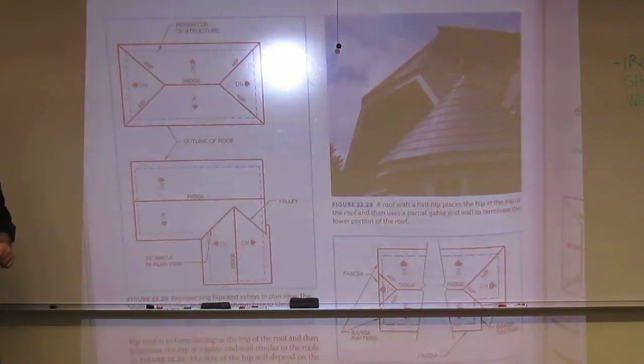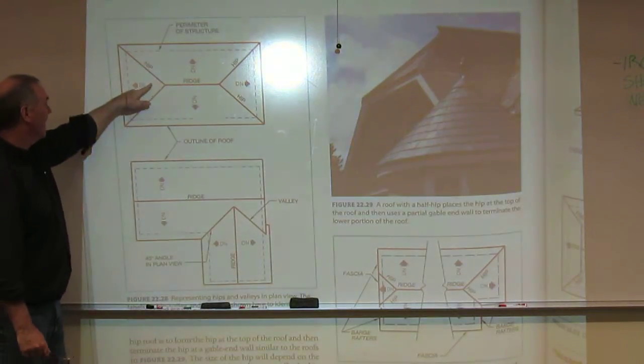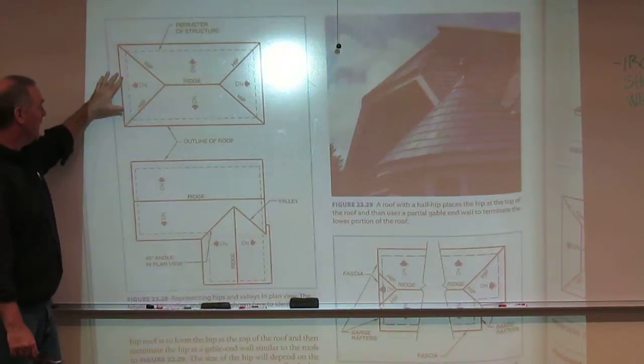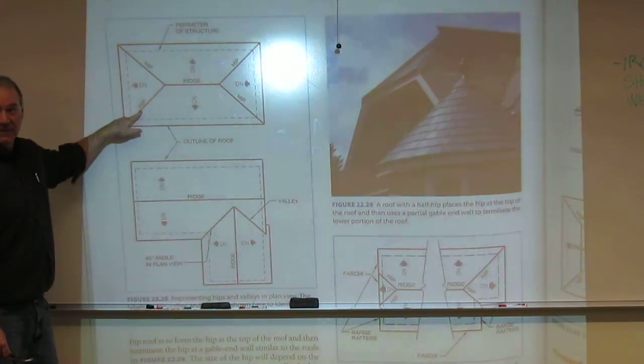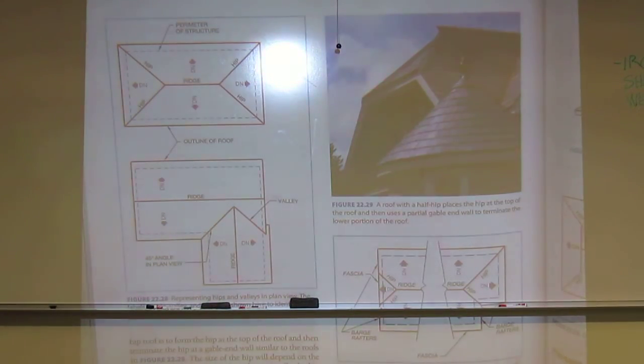Now, if they slope differently, and we can do this in today's world where we make this one a 6/12 and that an 8/12, now you're going to have problems down below with how all this matches up, but this angle will not be 45 if the roof slopes differ. I'll give you an example of that when we draw our roofs in a couple days and how you figure that out.